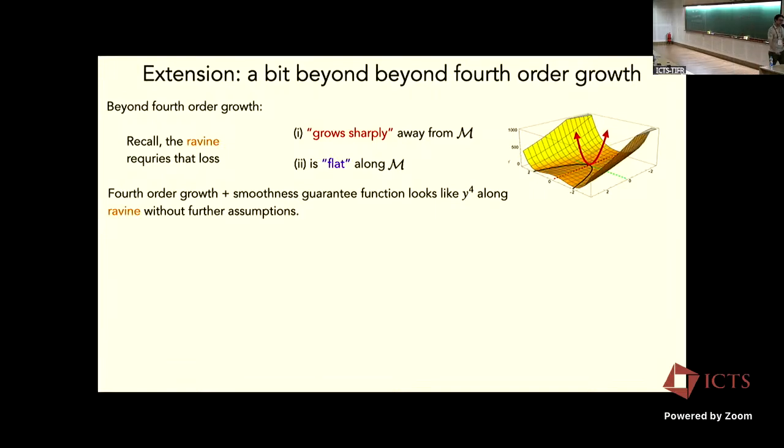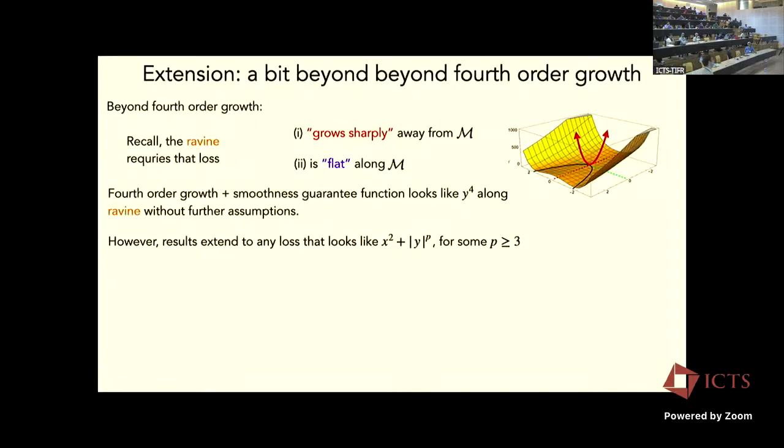And we stated the result for fourth order growth functions because it was just cleaner. But the result does extend to any function that looks like this, where you take x squared plus absolute value of y to the p for any p greater than or equal to 3. Now, x squared plus y to the fourth is the way you should think of how these functions behave.